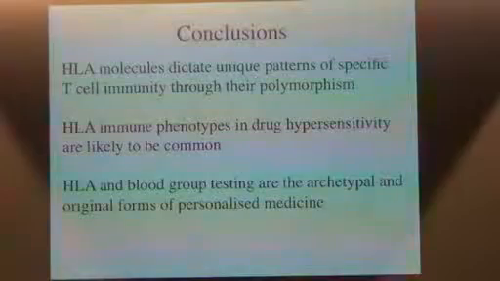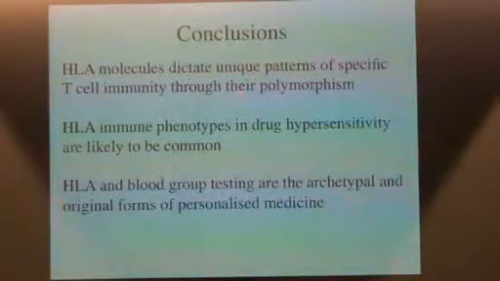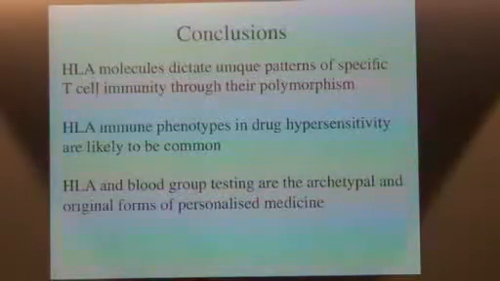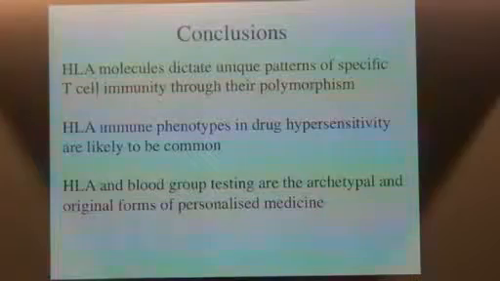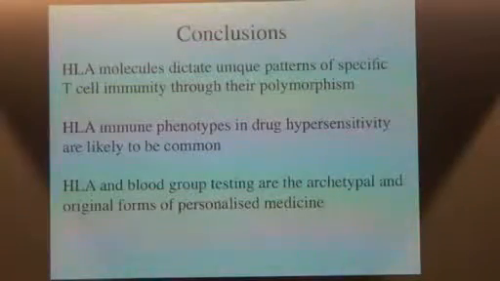So these HLA molecules dictate unique patterns of specific T cell immunity, including whether or not grafts are accepted or rejected by virtue of differences in the HLA molecules that confront host T cells. They probably are going to explain a lot of drug reactions.